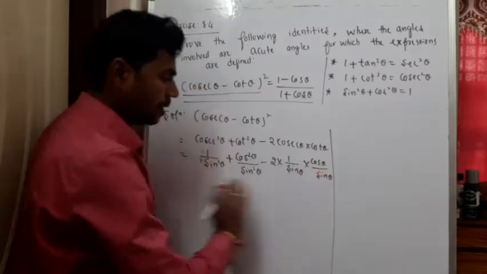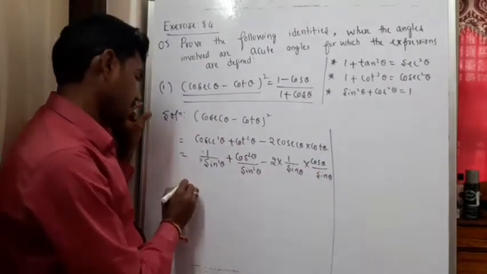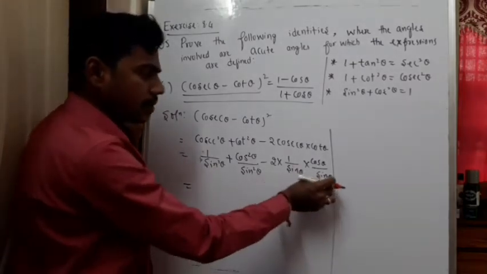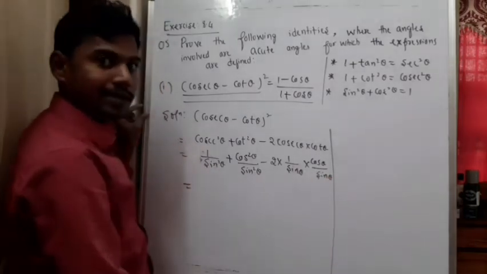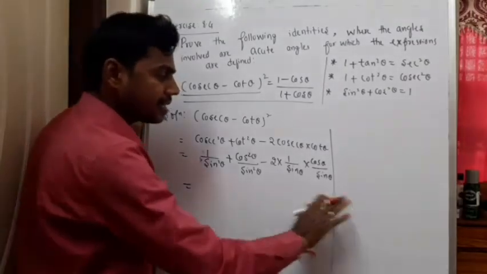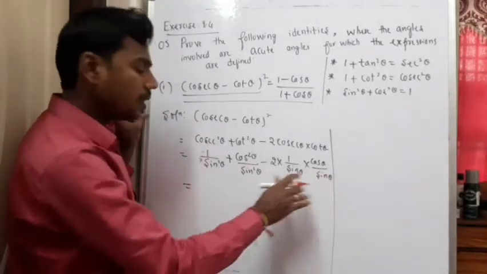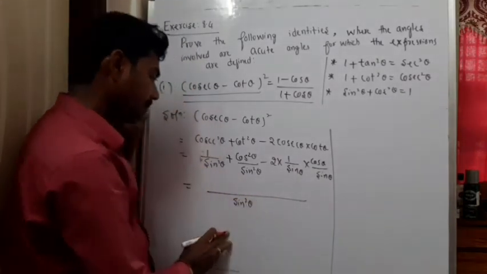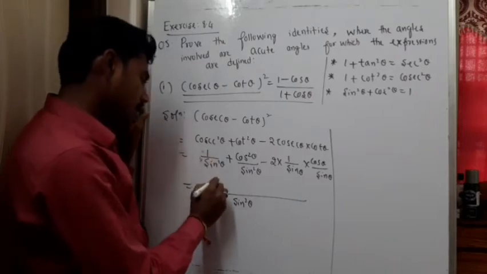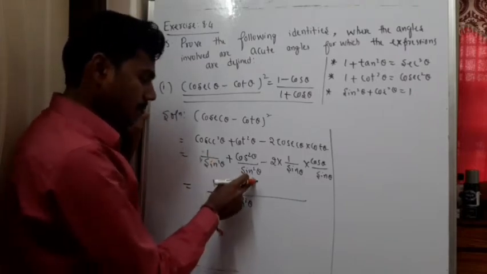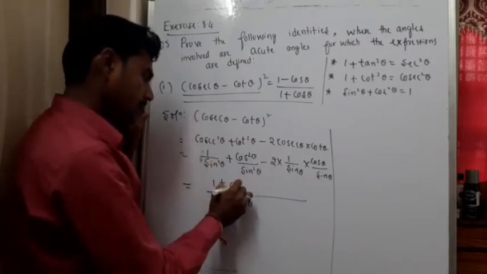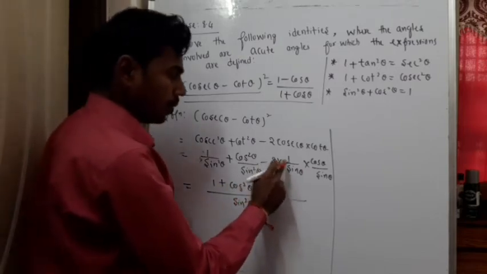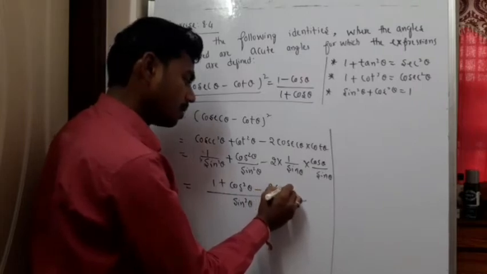I hope you understood this particular step. Now, sin square theta, sin theta into sin theta, sin square theta is common across all the denominators. We'll take sin square theta as the LCM. So over sin square theta, we have 1 plus cos square theta minus 2 cos theta.